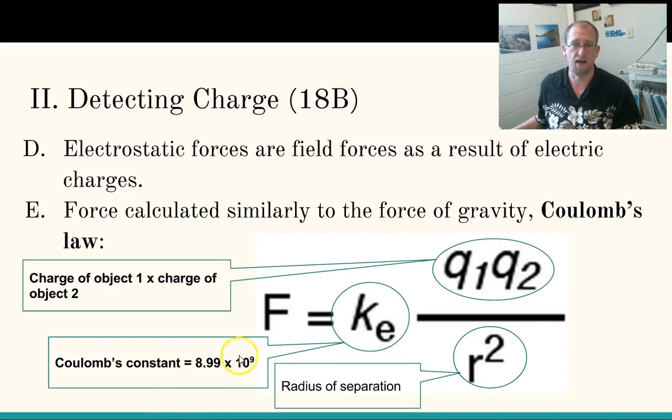If you just remember it's a lot like 9, 8.99 is really close to 9 times 10 to the 9th. That will help you remember that number. And that is the constant that allows this math to come out to the right answer. So you put in charges in coulombs and the radius in meters, and then you will get force in newtons. Okay, so that's the only math that we have this chapter.